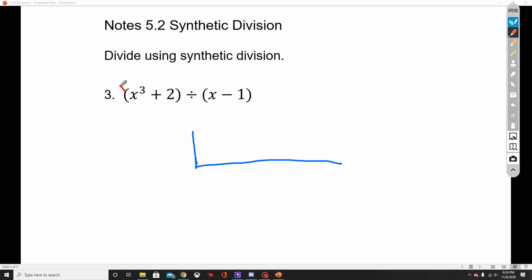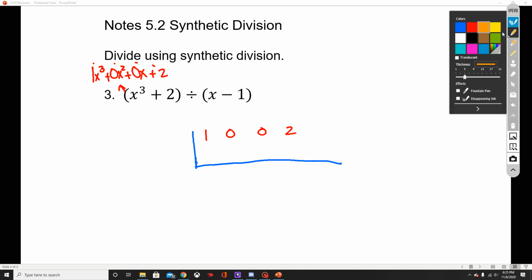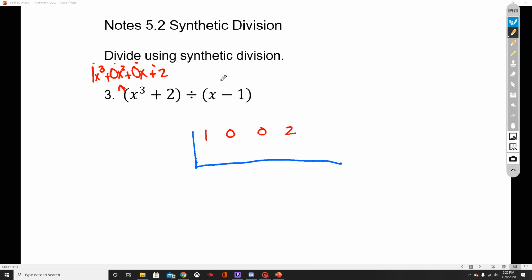So what we should be looking at here is 1x cubed plus 0x squared plus 0x plus 2. So my coefficients are 1, 0, 0, 2. And for x minus 1, my zero would be positive 1 or just 1. So 1 over here.